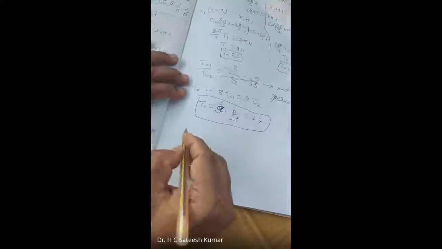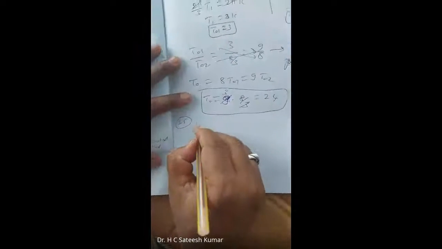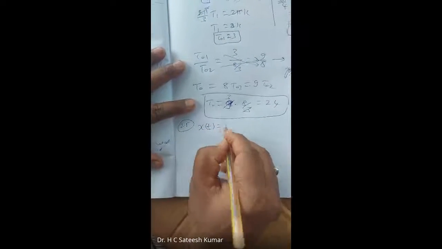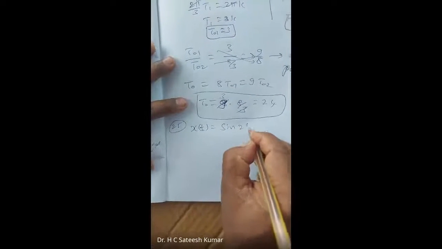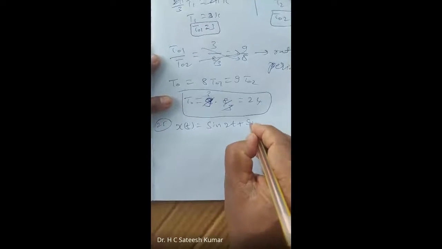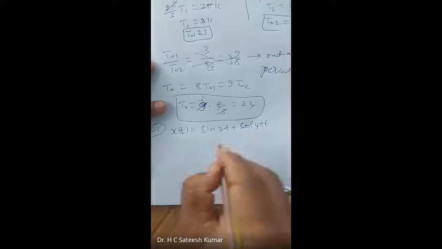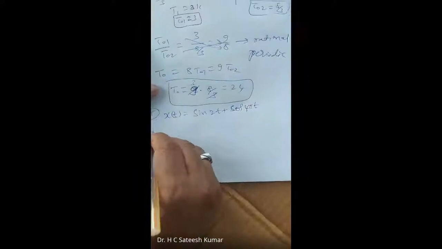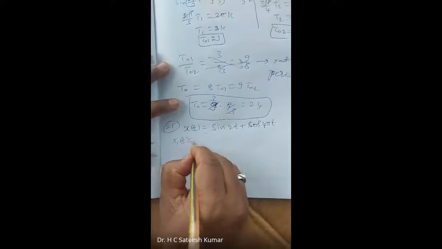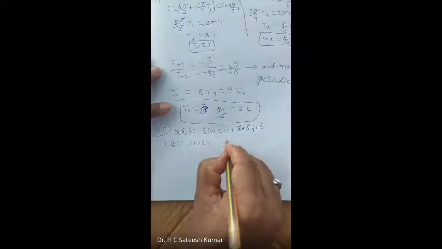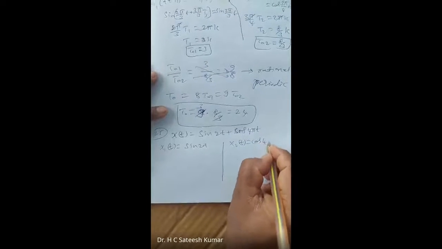Now let's go for one more problem. x of t is equal to sine of 2t plus cos of 4 pi t. x1 of t is equal to sine 2t, and x2 of t is equal to cos 4 pi t.